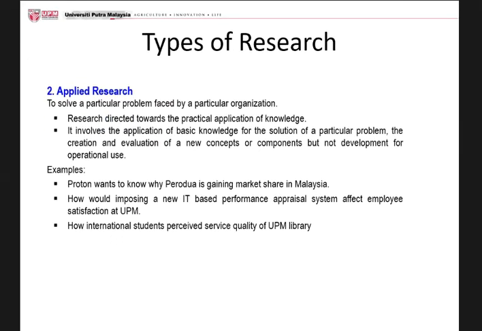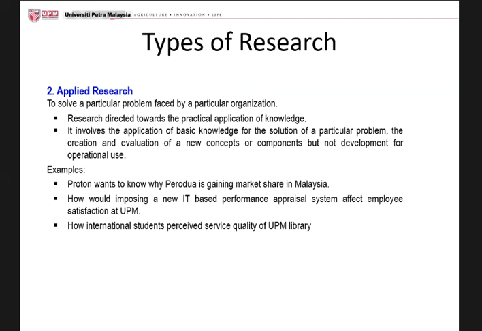All right, look at applied research. Applied research is to solve a particular problem faced by a particular organization. Example here: Proton is a car manufacturer in Malaysia. It wants to know why Perodua is gaining market share in Malaysia.